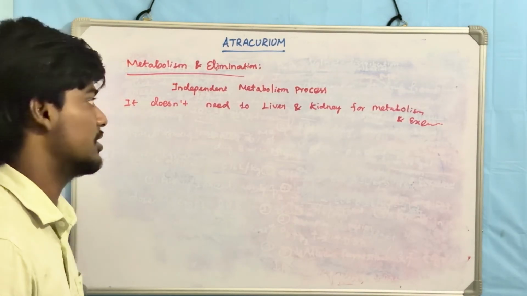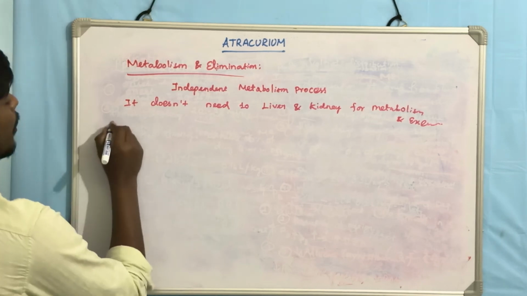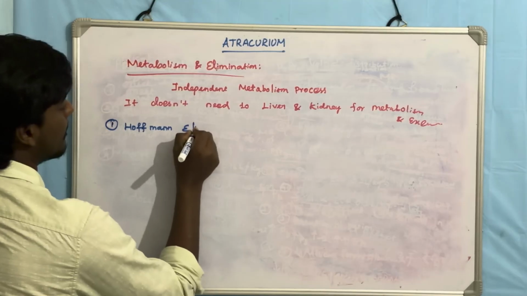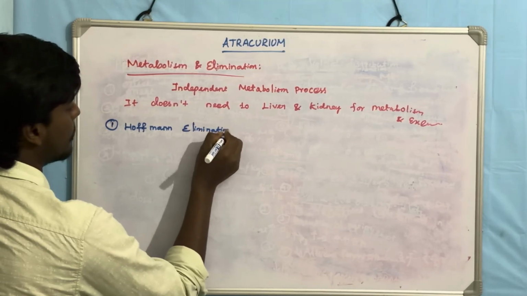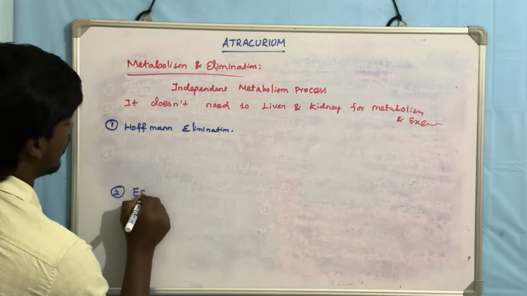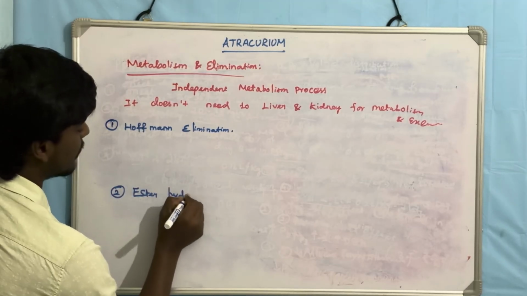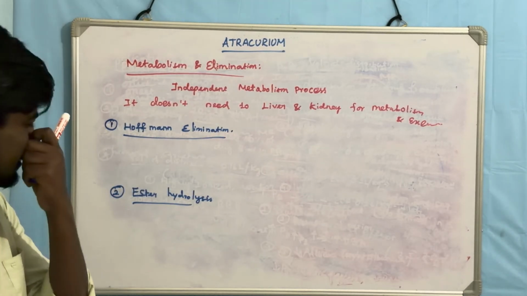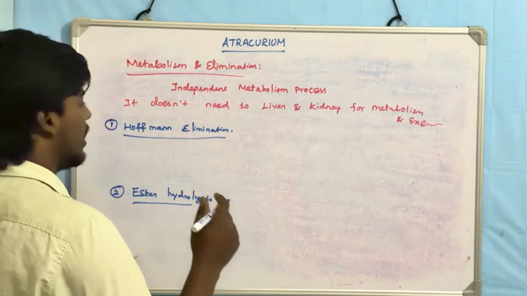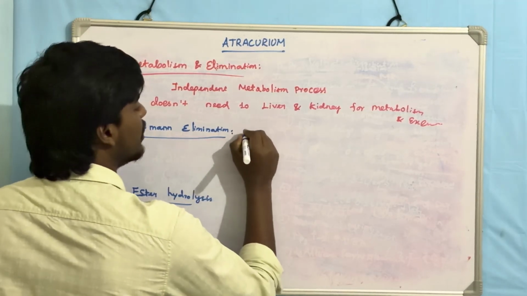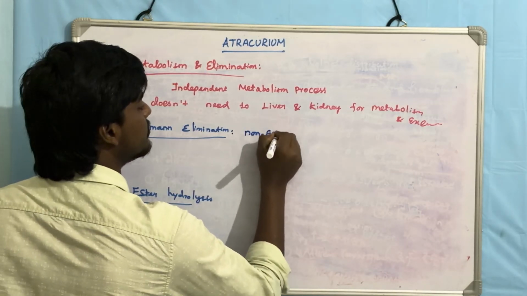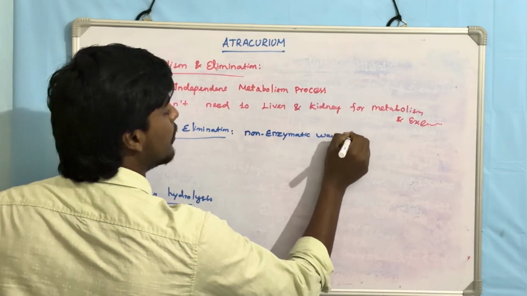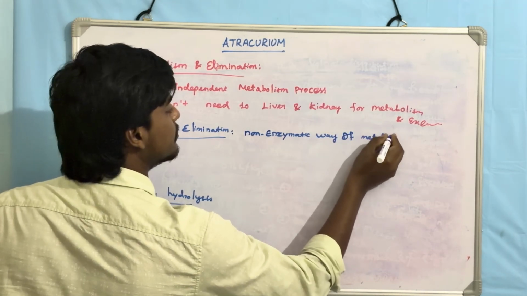There are two types of metabolic processes. One is Hofmann elimination. Another one is ester hydrolysis. Hofmann elimination is a non-enzymatic way of metabolism and elimination.